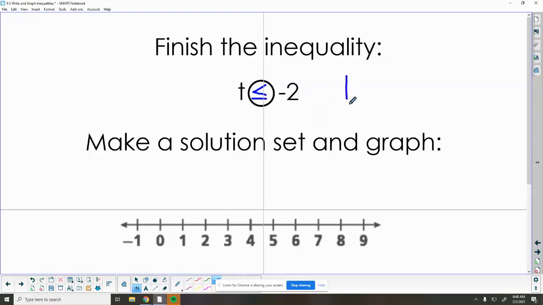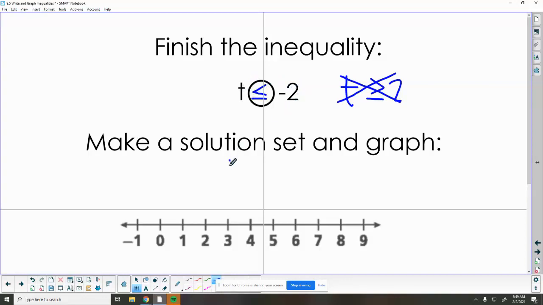I know it can be really tricky. Sometimes I want to say, oh, I want -2 to be smaller, but I didn't want -2 to be the smallest thing. I wanted my temperatures to be less than -2. So always think back to your inequality. Does this make sense? My temperature is less than or equal to -2.